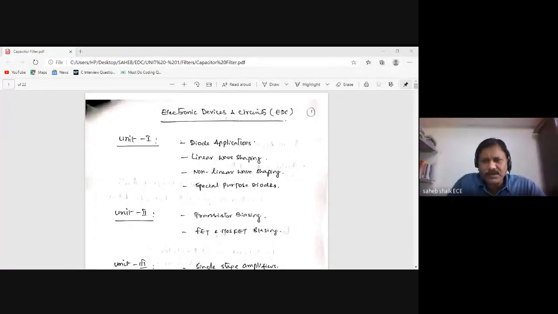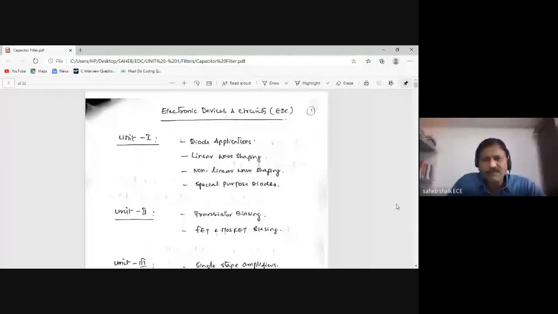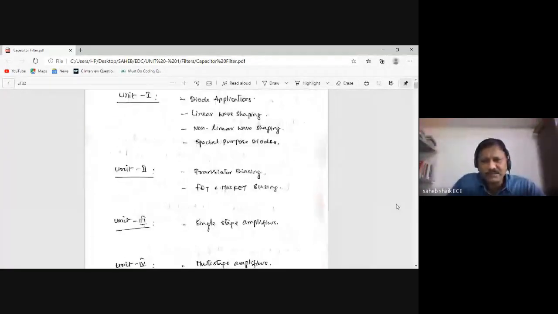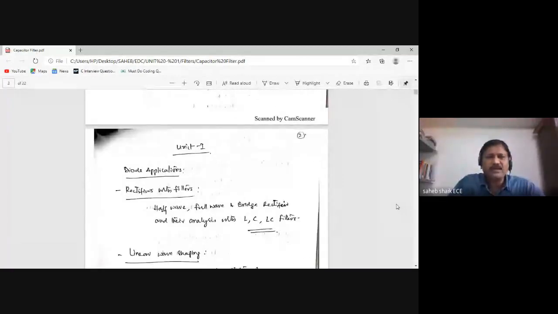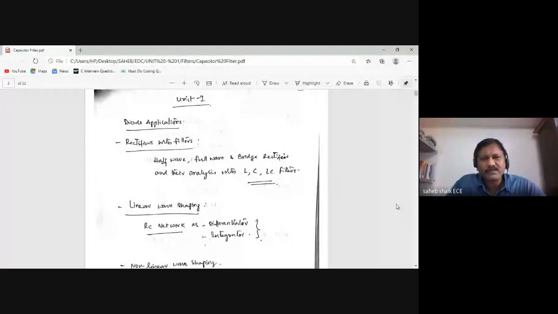So we'll come back to the screen here. If you go for unit 1, diode applications, these are the specific things. In diode applications, we are going to study rectifiers with filters. In the previous class, in the first year, first semester, you studied only the rectifiers and their analysis and respective parameters.